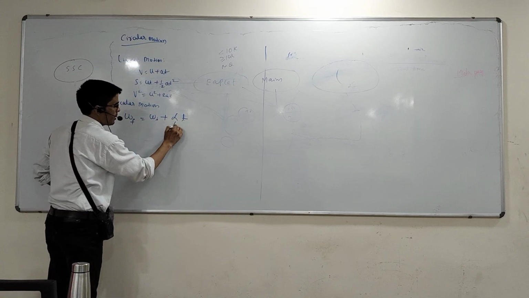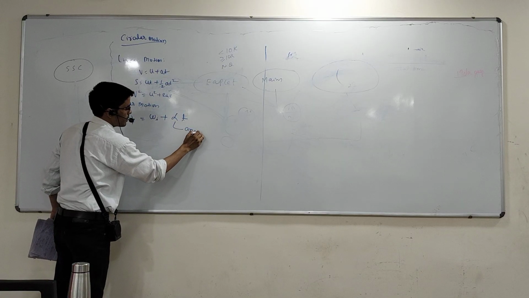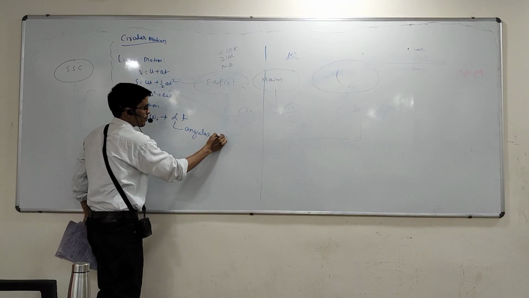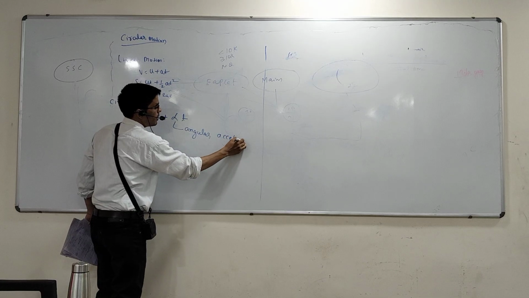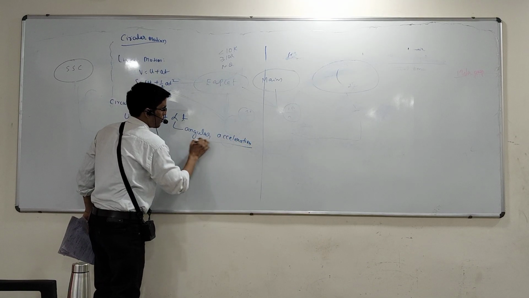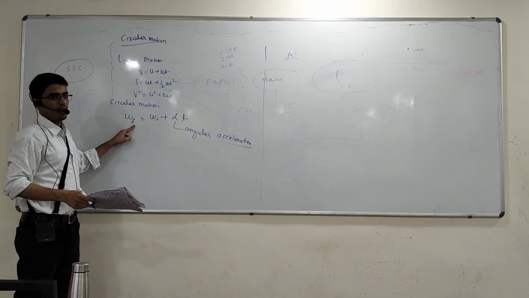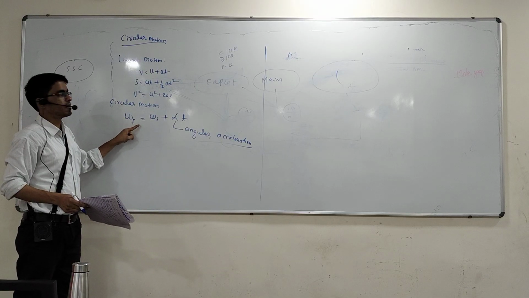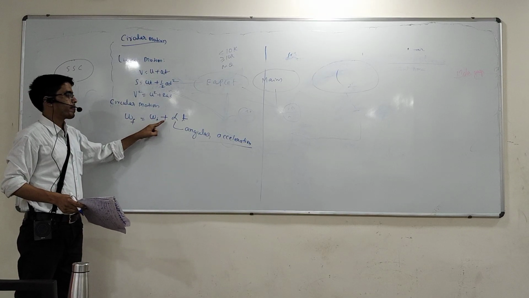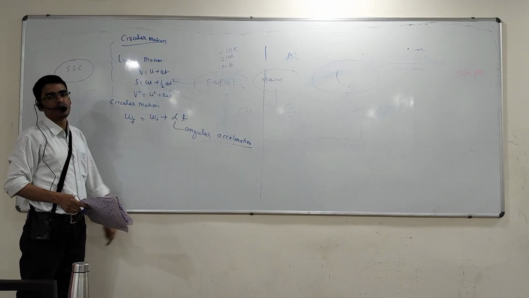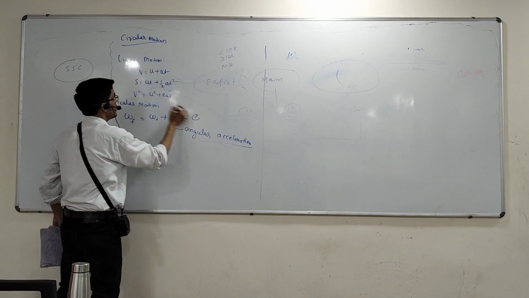What is alpha? That is angular acceleration. Just keep in mind that alpha is acceleration in the case of angle. Omega final is final angular velocity, omega initial is initial angular velocity, and alpha is angular acceleration, into time. That is the first equation.